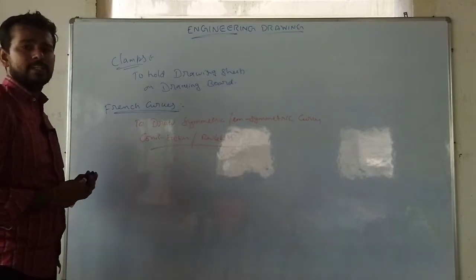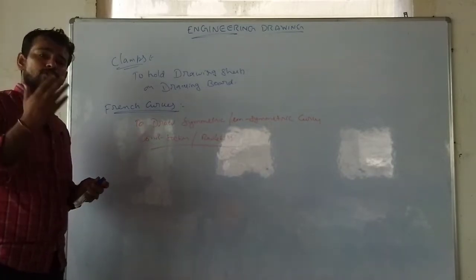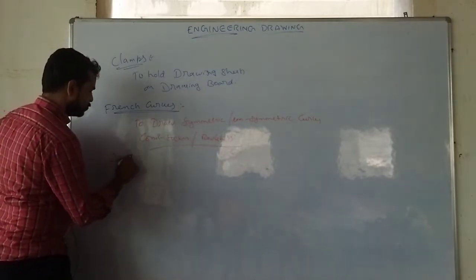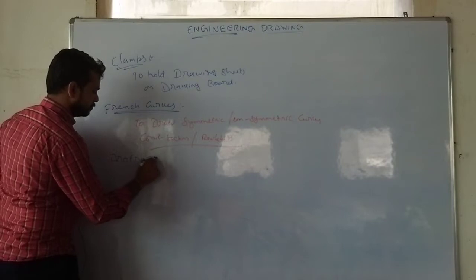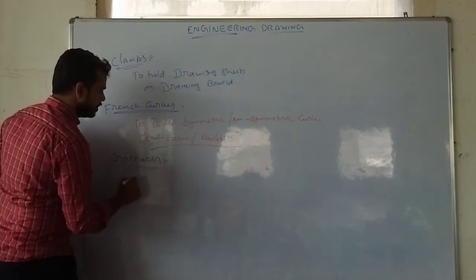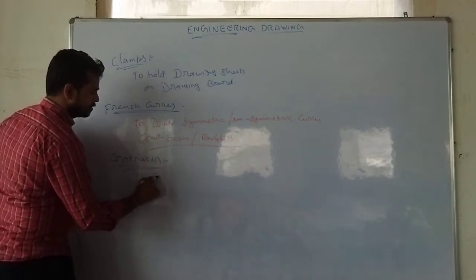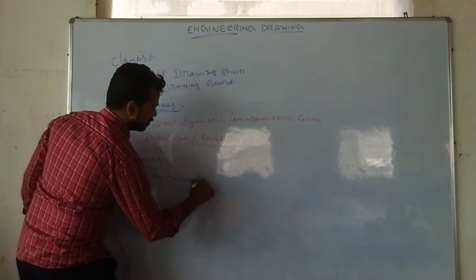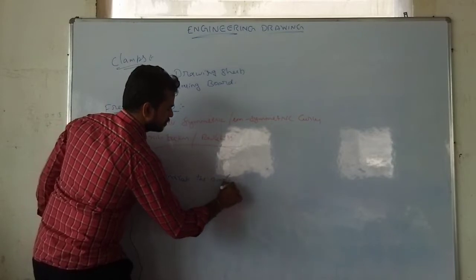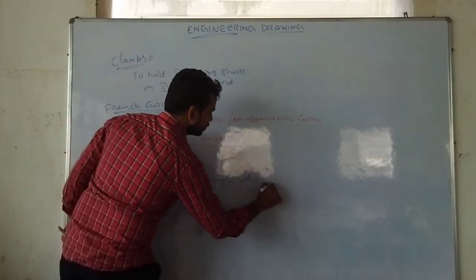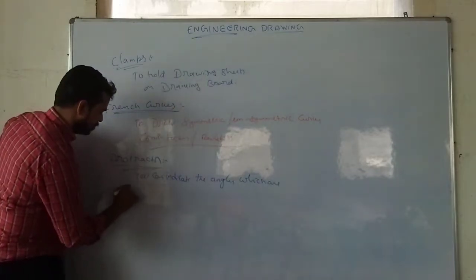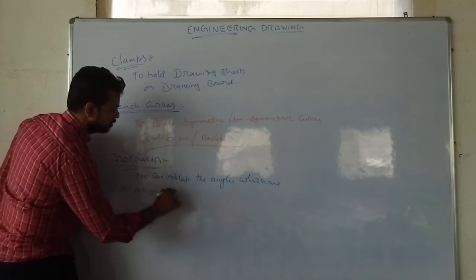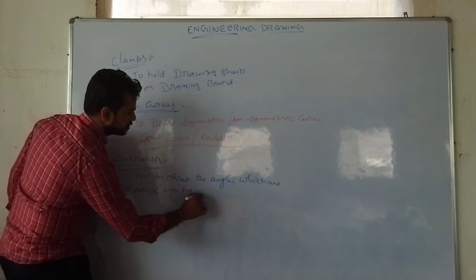And protractor, you know, is to indicate the angles which are not possible with set squares. I will write it. With the help of protractor, you can indicate the angles which are not possible with set squares.